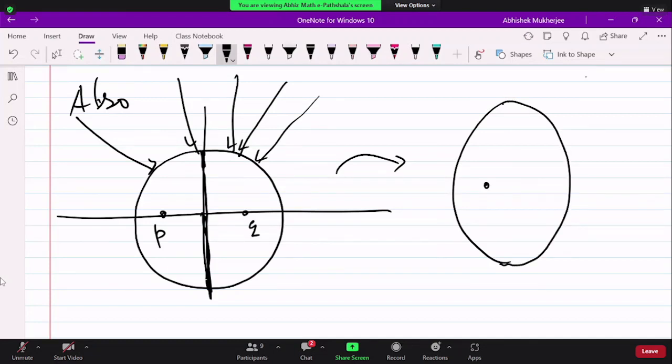Okay. This one. So this space has 2 punctures, one at P, another one at Q. And therefore you are going to project each point in this space, here, here, okay, in this way.